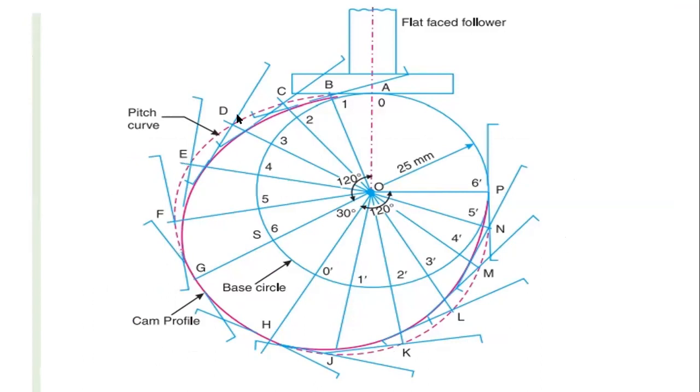You will not need to draw this pitch curve in the exam; it is drawn for better understanding only. From each point you have to draw the perpendicular of the follower, which represents the flat faced follower.